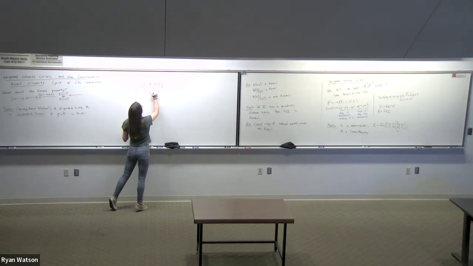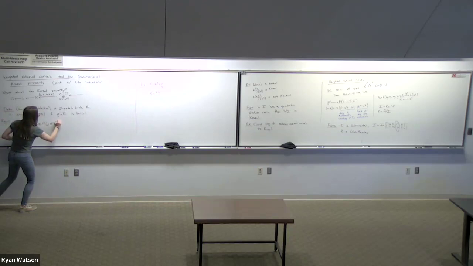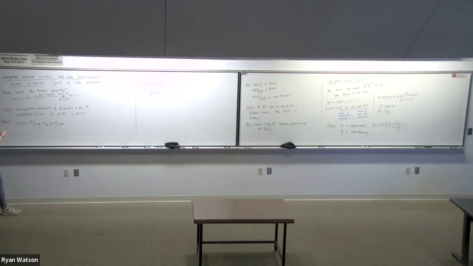If I take the associated graded of this ring, maybe I'll remind you what the definition is. The associated graded is a direct sum R mod m plus m mod m squared plus m squared mod m cubed, and so on, where importantly, everything in this piece will have degree 0 by definition. Everything in this piece will have degree 1, and so on.